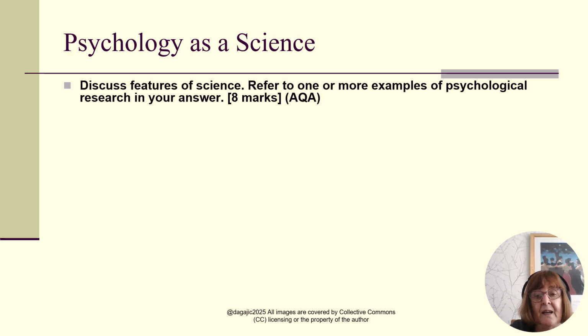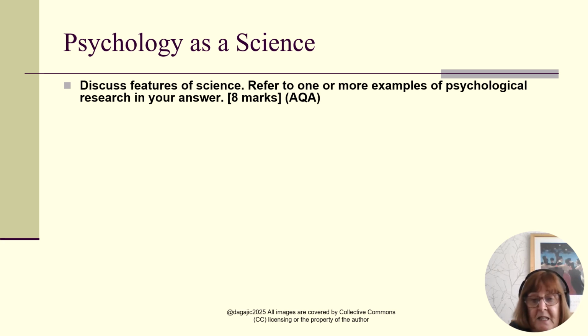This question came up on paper 2 under research methods, and this is a more traditional question. It's an 8 marker. So we've got 3 marks for AO1, which is basically what are the features of science, 2 marks for refer using an example, and then 3 marks for your evaluation.